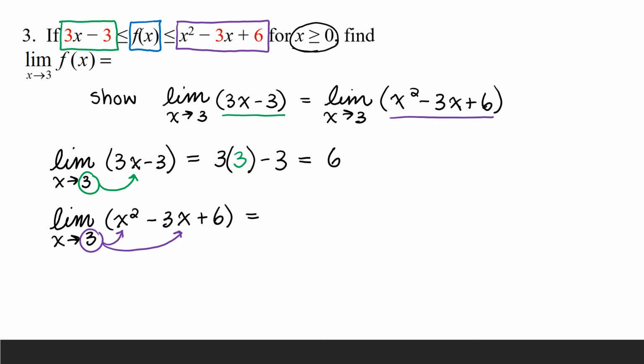So we have 3 squared, substituting that 3 in for my x, minus 3 times 3 plus 6. 3 squared is 9, 3 times 3 is 9, so we have 9 minus 9, which is 0, plus 6, which gives us 6. So our limits are equal to each other.